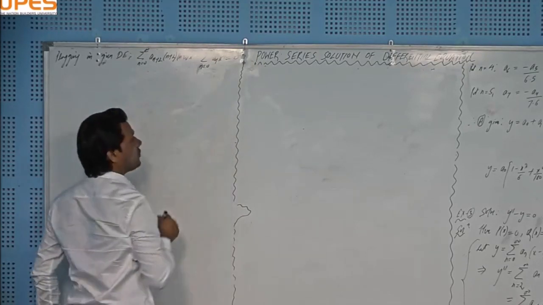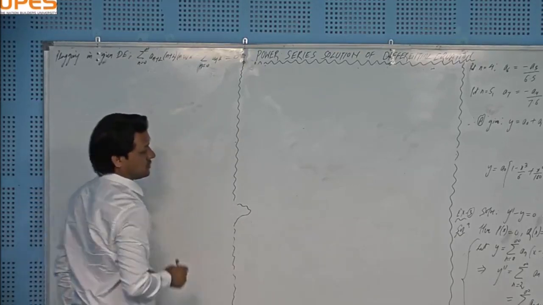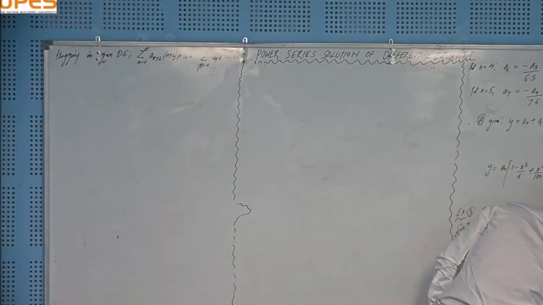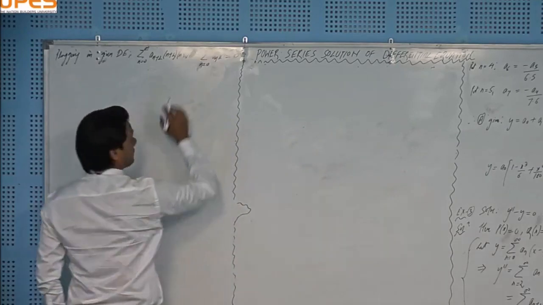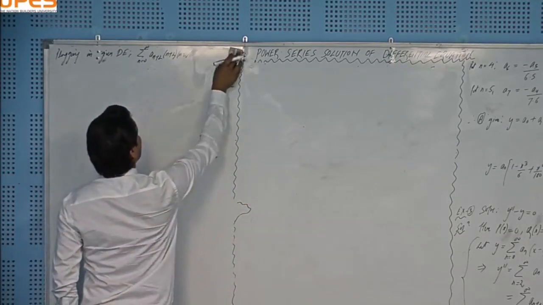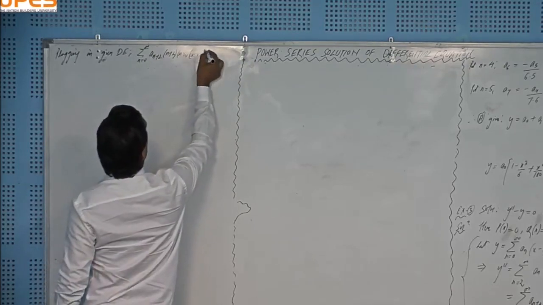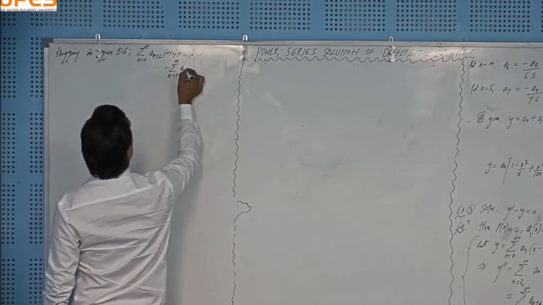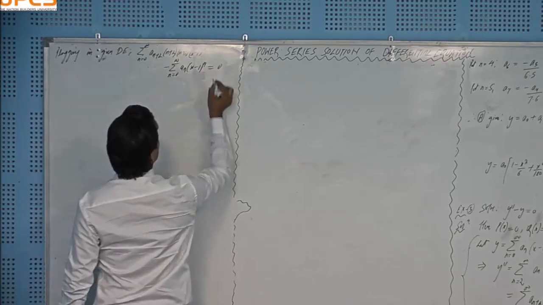Okay, so now what I will do, this is x minus 1, yeah, I made a mistake here also, this is x minus 1 to the power n and minus summation n equal to 0 to infinity a n x minus 1 to the power n equal to 0, right?